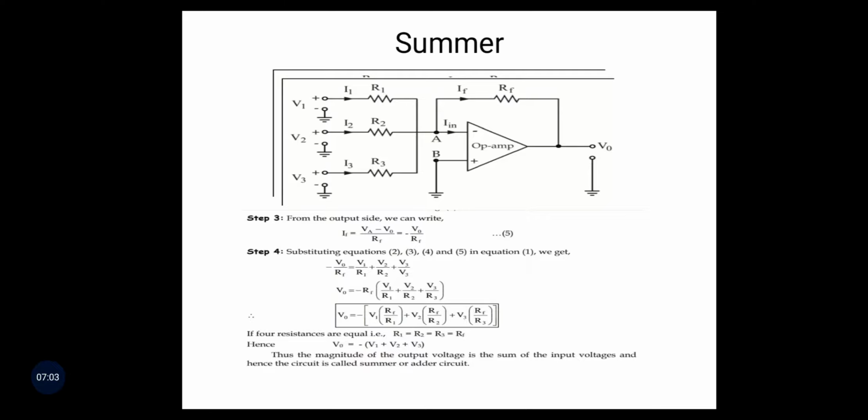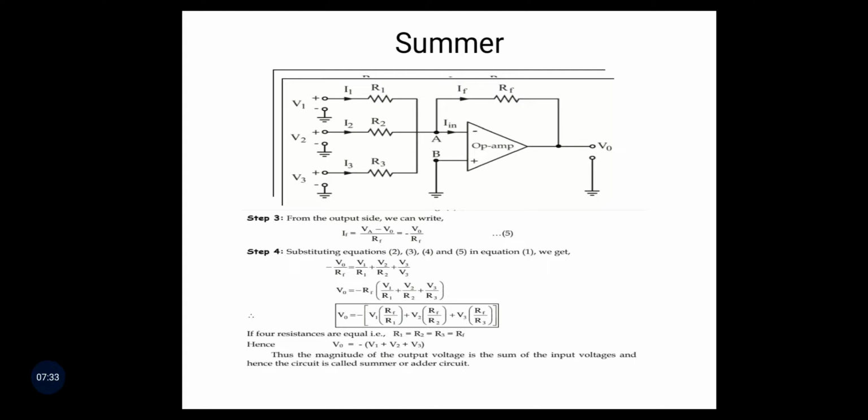So V0 equals minus RF into (V1 by R1 plus V2 by R2 plus V3 by R3). That is, V0 equals minus of (V1 into RF by R1 plus V2 into RF by R2 plus V3 into RF by R3).